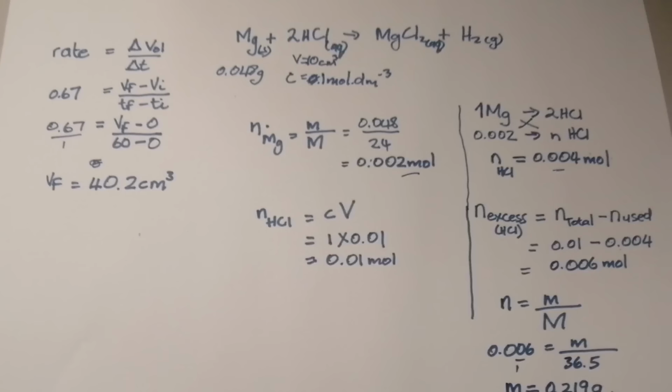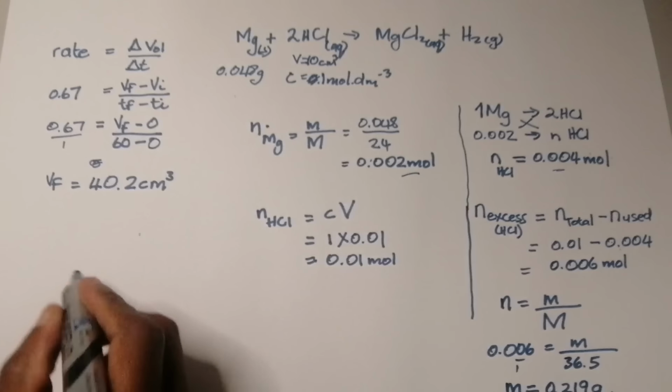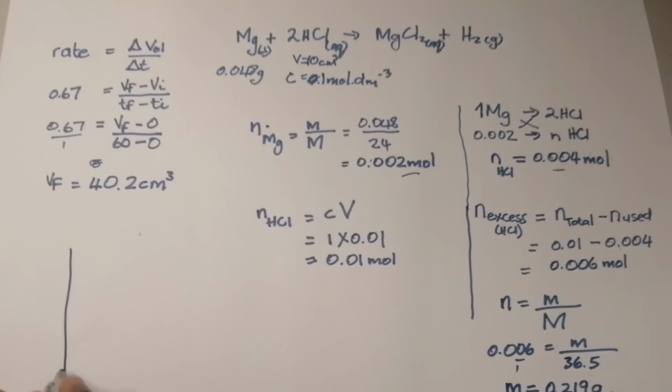Okay, now because zinc reacts more slowly in an acid medium than magnesium does, so obviously it means that the rate of the reaction with zinc would actually be slower than the one where you use magnesium. So let me just show you what the difference would be.